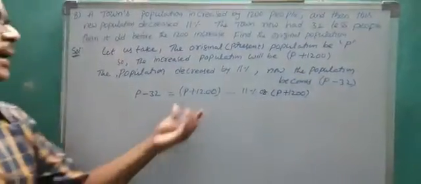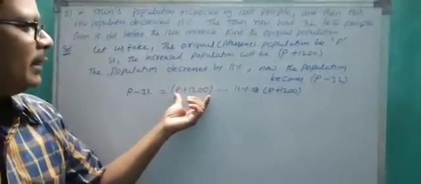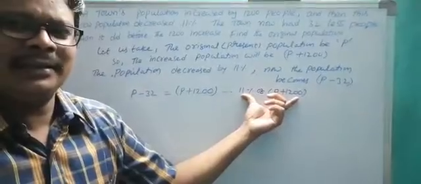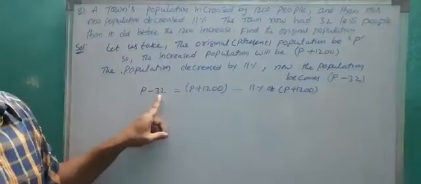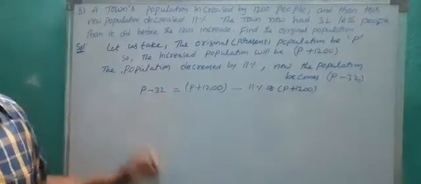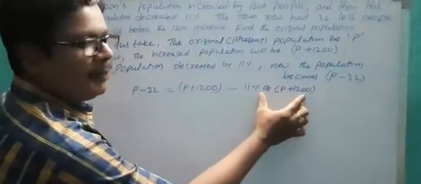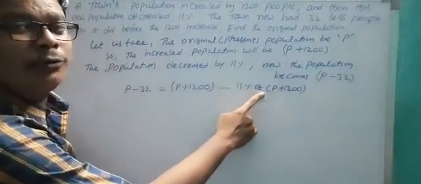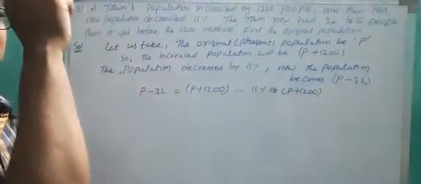If the new population decreased by 11 percent, the original population P becomes less by 32 people.